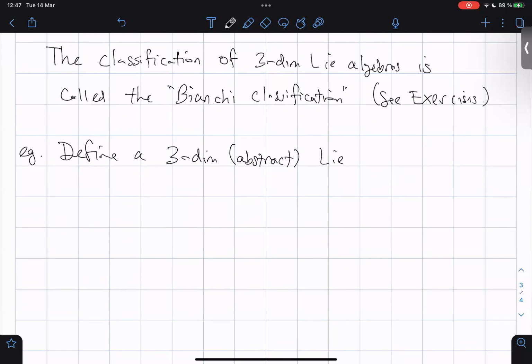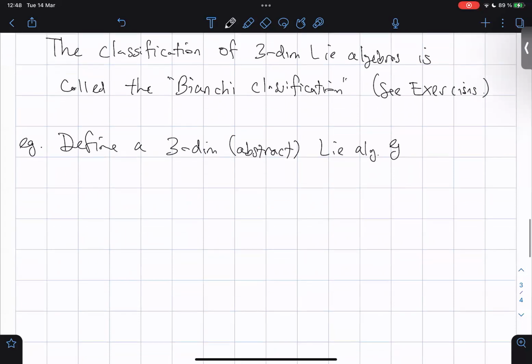So define a three-dimensional abstract Lie algebra G via a basis, which I'll denote by capital X, capital H, capital Y, in this order.